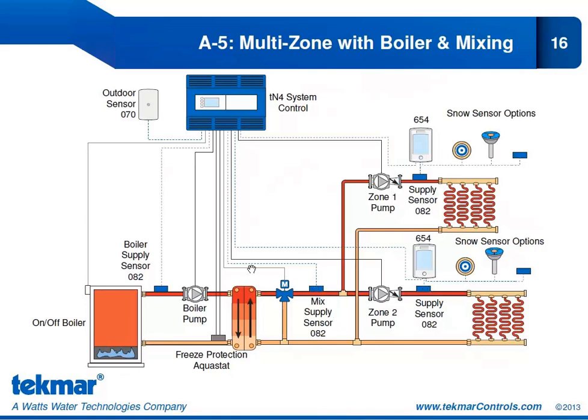Now that's going to be connected to our reset module, because our reset module is what will be operating the mixing device here. We have flow from the boiler going to a heat exchanger, and you can see this freeze protection aquastat. And we'll look at how that freeze protection aquastat works when we get to the following slide.